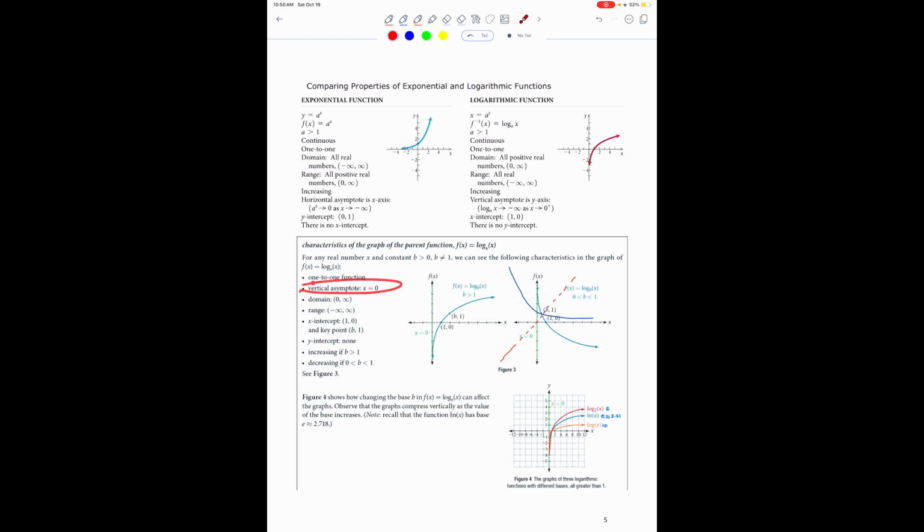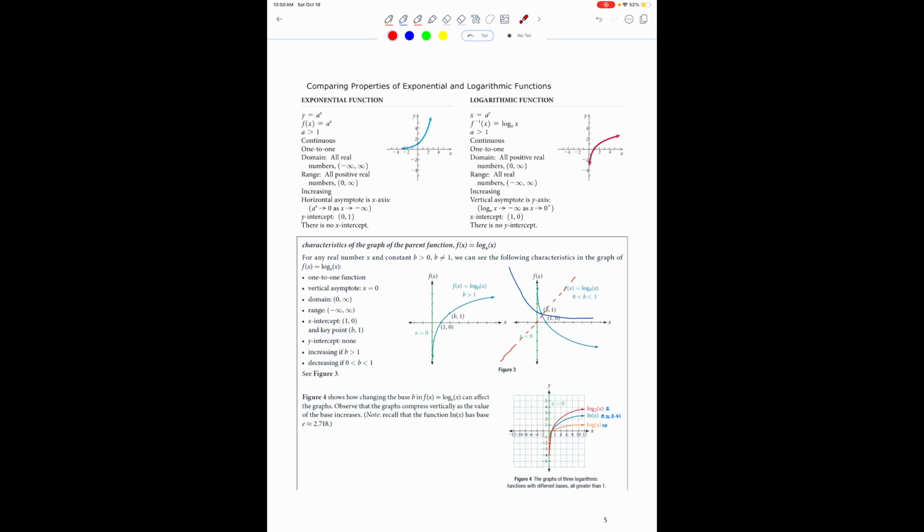The vertical asymptote is the line x equals 0, which is basically the y-axis. The domain is all of the positive real numbers, which means from 0 to positive infinity. The range is all of the real numbers, which means from negative infinity to positive infinity. The x-intercept is (1, 0), and a key point is (b, 1). This is a key point, (b, 1).